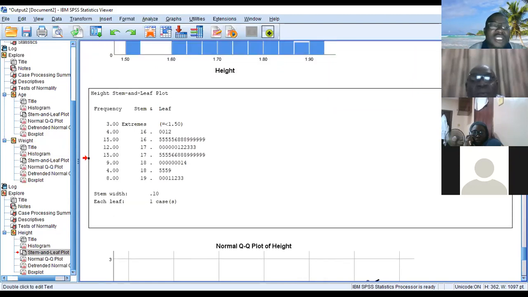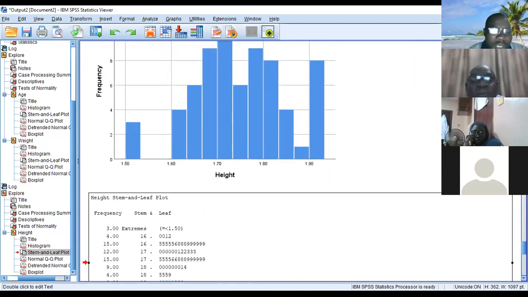Because now look at it, this 4 will be 1.60, 1.6. Or if it's in centimeters, they measure it as 160, 160, 161, 162. Okay, thank you, sir. Okay, let's continue.